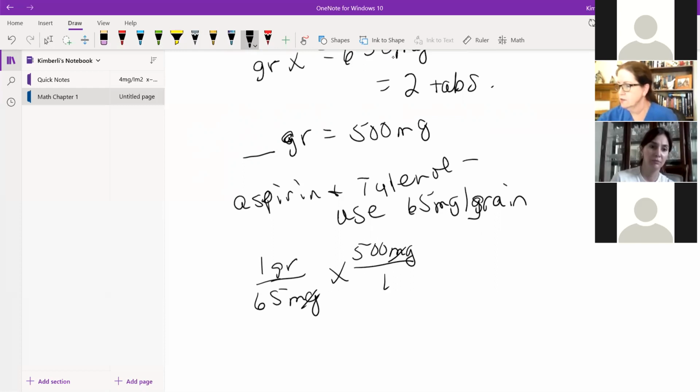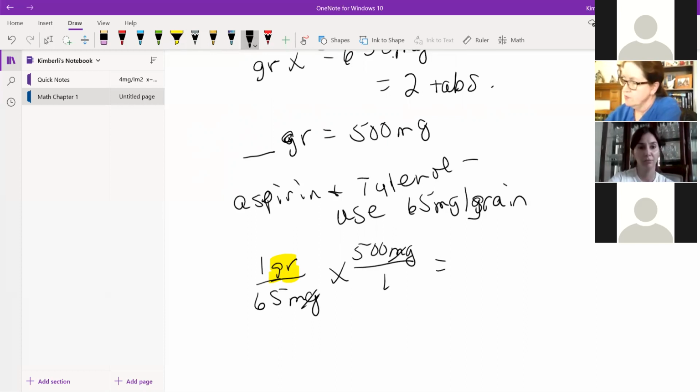Okay, so we're going to put it over 1, and this is dimensional analysis because there's not an X there. Okay, so we're going to start this setup with what we're looking for, and we're looking for grains, right? Yes. We're looking for grains. So we're going to put the grains on top because that's what we're looking for.